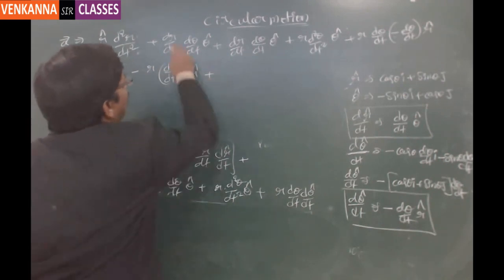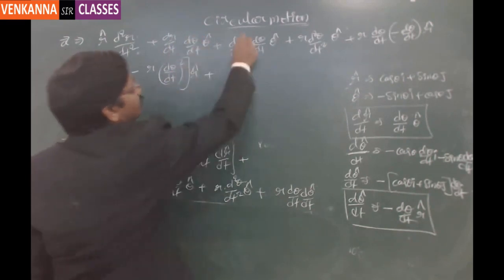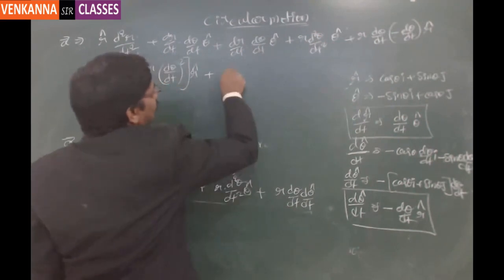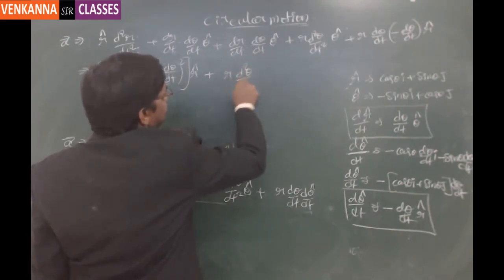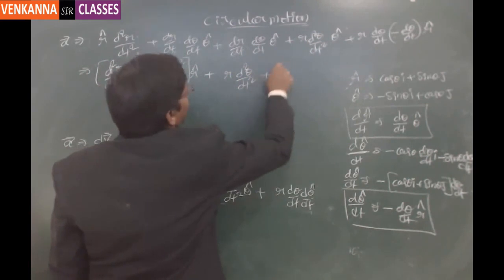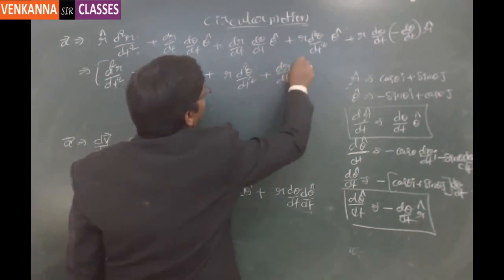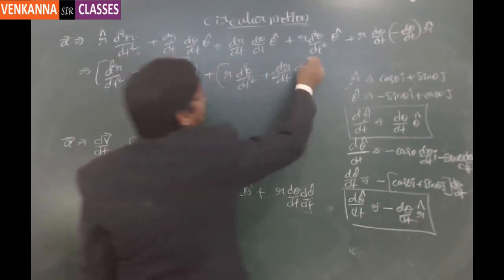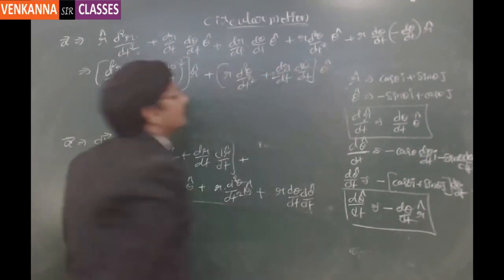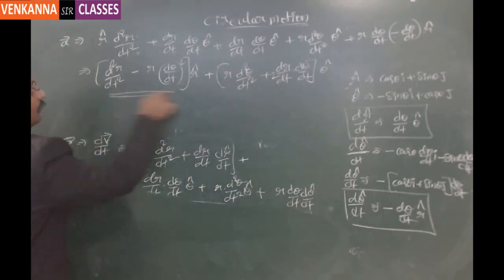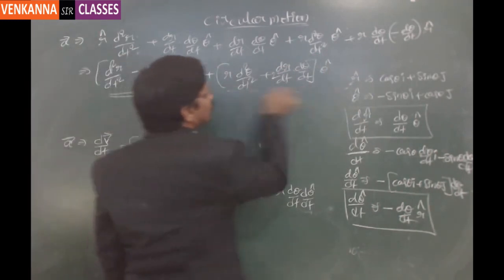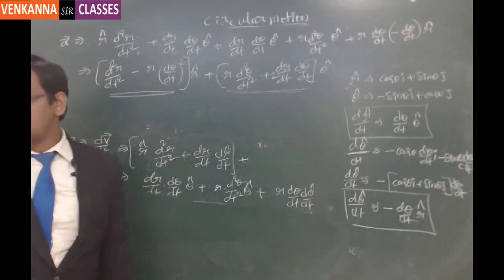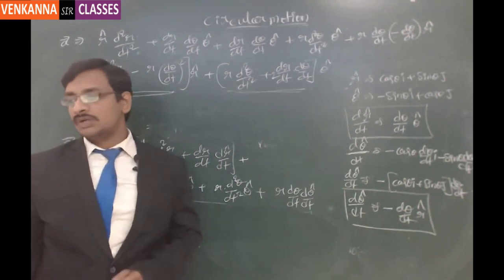And plus, dr by dt into d theta by dt, here also dr by dt into d theta by dt, and this is r into d square theta by dt square, plus dr by dt into d theta by dt 2 times. This is the theta cap direction. So this is the radial component of the acceleration, and this is the transverse component of the acceleration. Got it? Is this derivation understood or not?